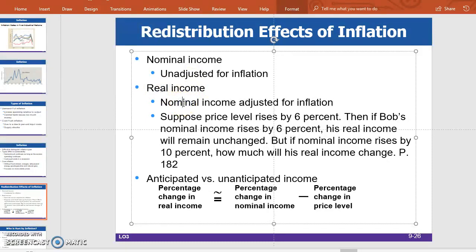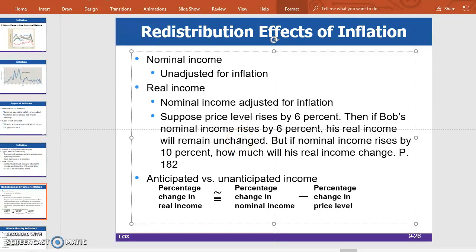In real income, we use the CPI that we have learned to adjust for inflation, right? We adjust nominal income to get real income, and this will tell us how income has changed after controlling for change in prices. So look at that. Suppose the price level rises by 6%. Then if Bob's nominal income rises by 6% also, his real income remains unchanged.